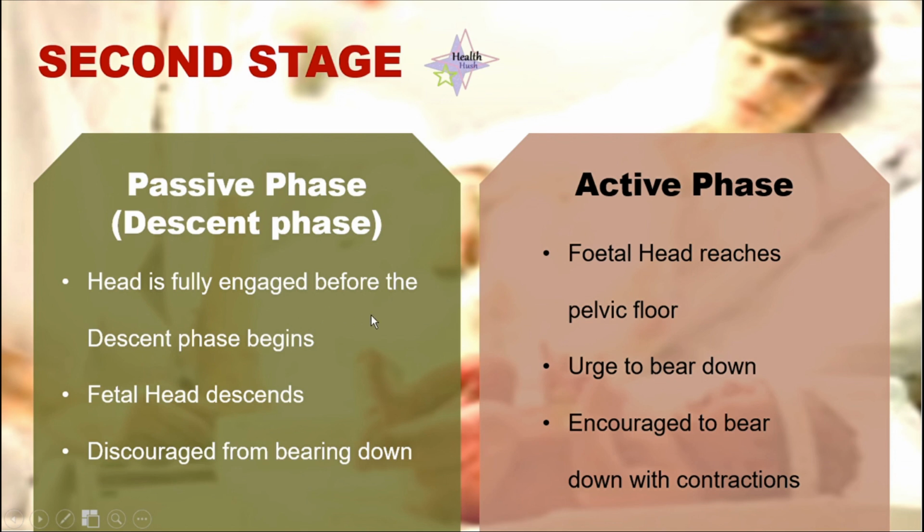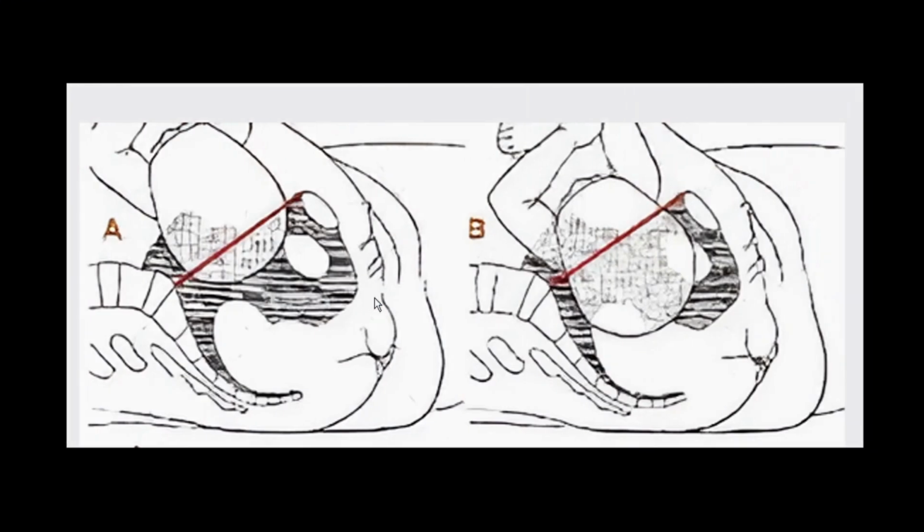Here you can see a diagram, in which you can find the fetal head, the pelvis, and the pelvic brim, and this is your pelvic brim line. Once the widest part of the fetal head descends below the pelvic brim, we say that the fetal head is fully engaged.